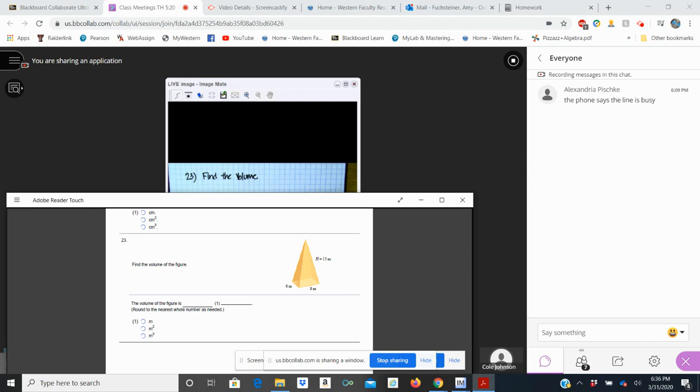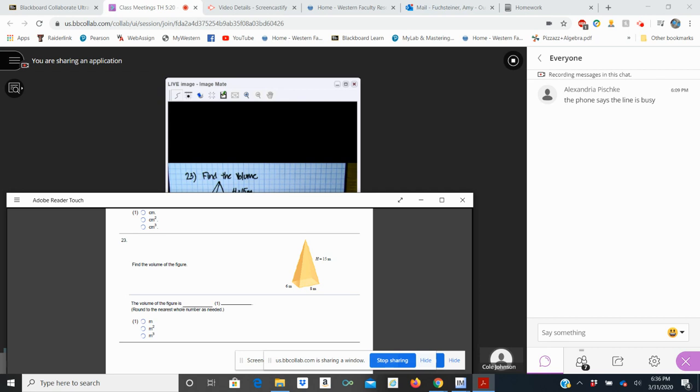Find the volume. And so basically, they give you a pyramid. They give you 6 meters, 8 meters, and they tell you that H is 15 meters.